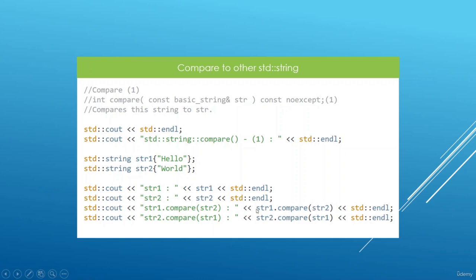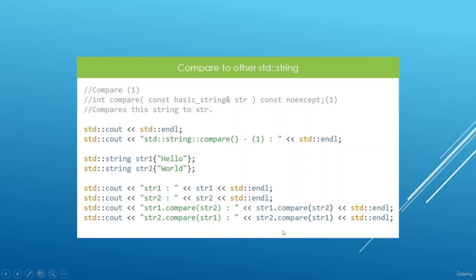What this is going to do is a comparison between hello and world, where world is what we have in the parentheses. Hello is going to come in front of world, that's how the alphabet order works, so we're going to have a negative number out of this. This is what we expect.